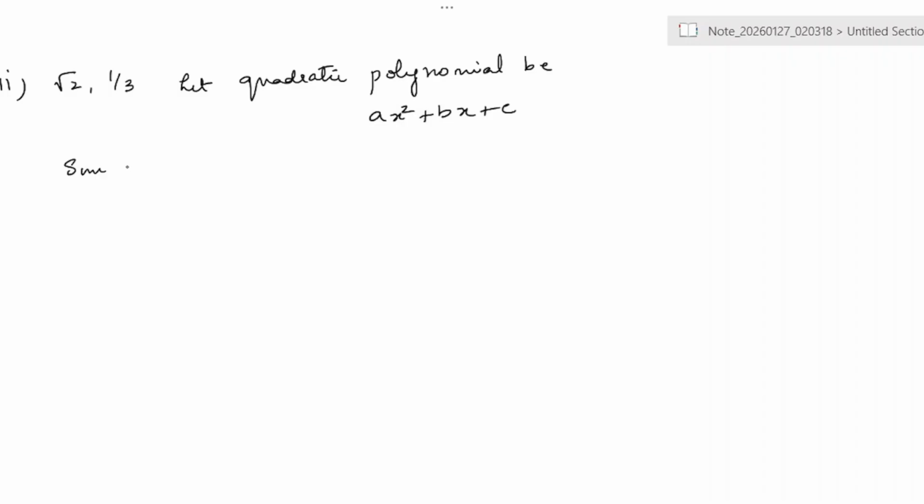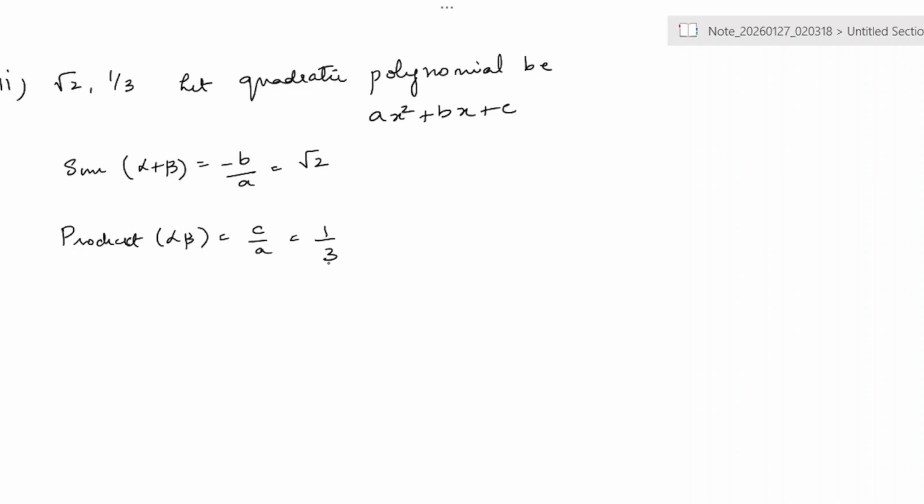Sum is alpha plus beta, that is root 2, that is minus b by a. Minus b by a is root 2. Okay, so I'll just write product also. Product is alpha beta, that is c by a, that is 1 by 3.